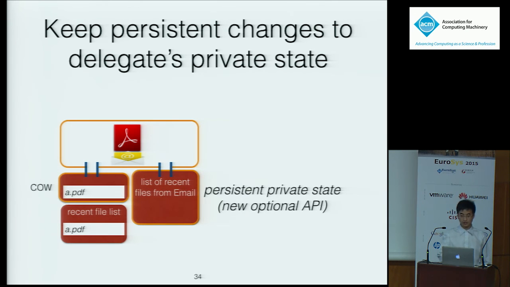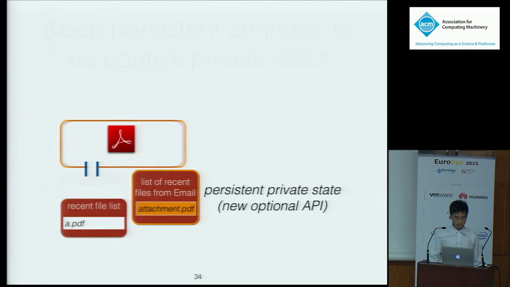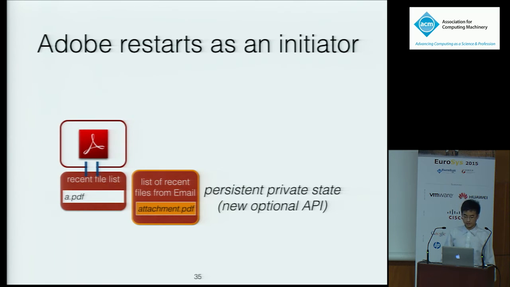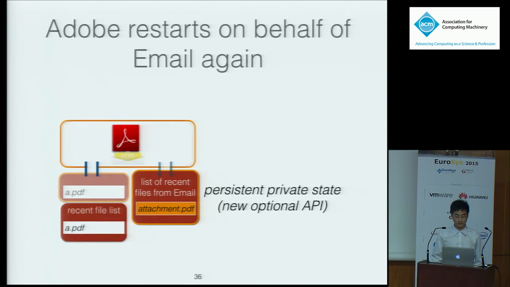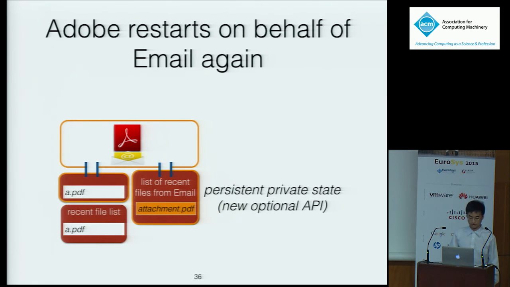So when opening the attachment file, it will add an entry to this email attachment list. And if it restarts in normal mode as an initiator, it will no longer have access to that recent attachment list. And then if it restarts again on behalf of email, it regains access to the attachment list. This API is optional, and it only exists for better usability.